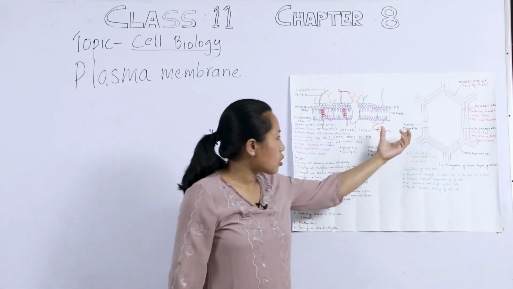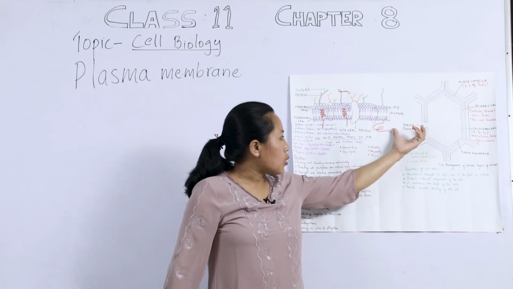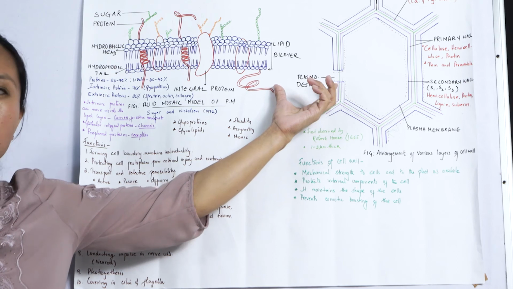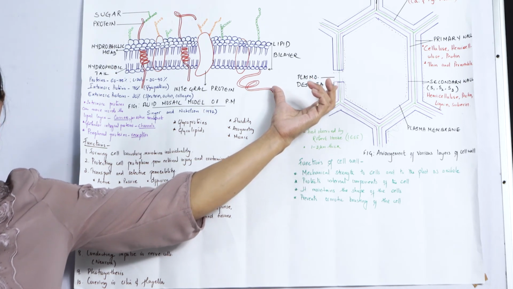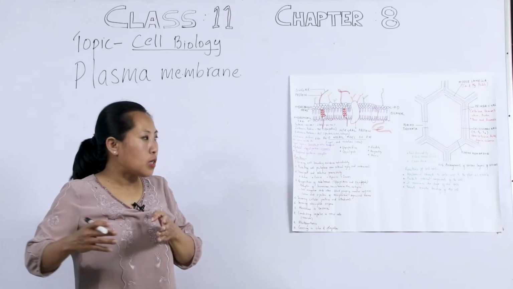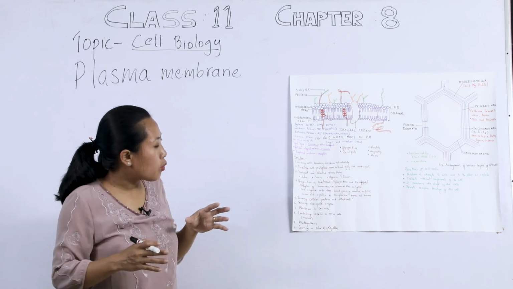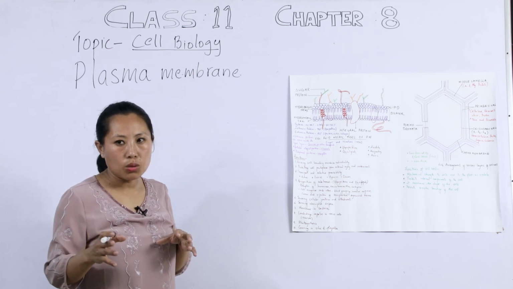These are special structures or pores present on the cell walls, and it is through the plasmodesmata that the cytoplasm of the adjoining cells is continuous with one another. So the plasmodesmata plays an important role in the cytoplasmic continuity of the cell, and it also helps in the flow of cell contents from one cell to another.